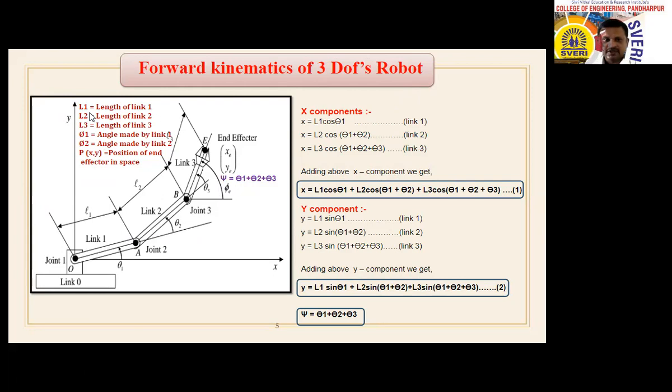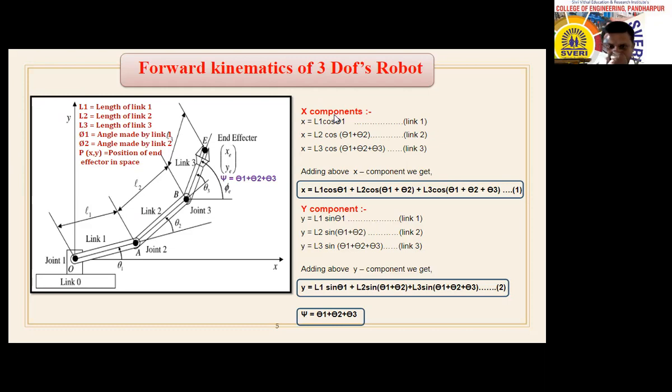Therefore let L1 be the length of link 1, L2 the length of link 2, L3 the length of link 3, theta 1 the angle made by link 1, theta 2 the angle made by link 2, theta 3 the angle made by link 3, P is equal to xy, that is the position of the end effector in space. This is the end effector.